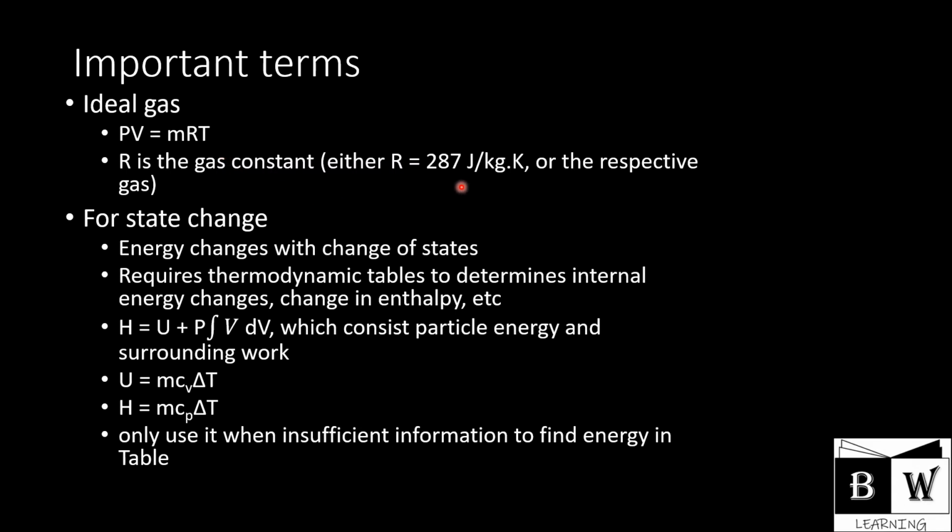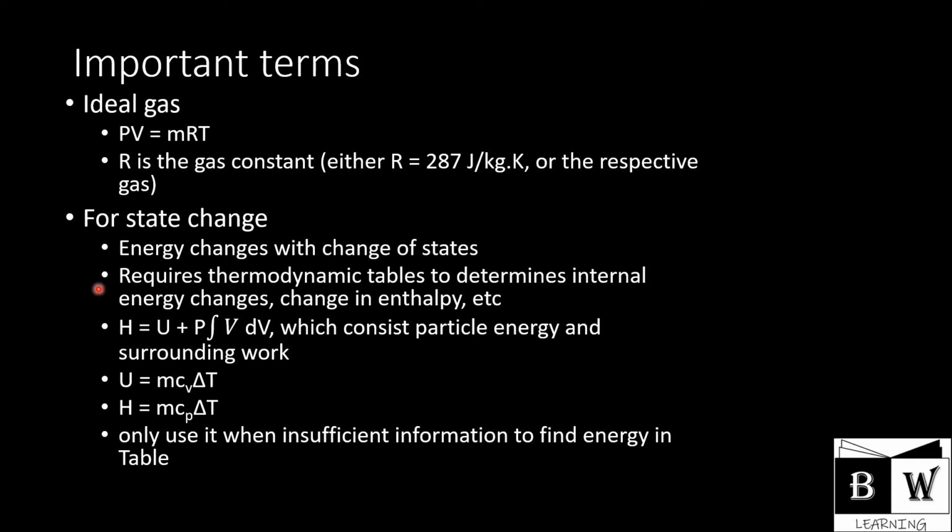So when your R is 287, this means that your gas is purely universal air. Else, you must use the gas constant for the respective gas. Do take note that temperature for this equation must be in Kelvin.